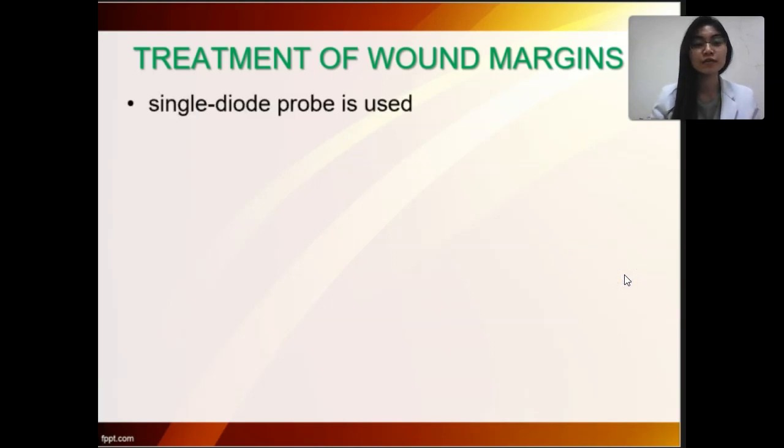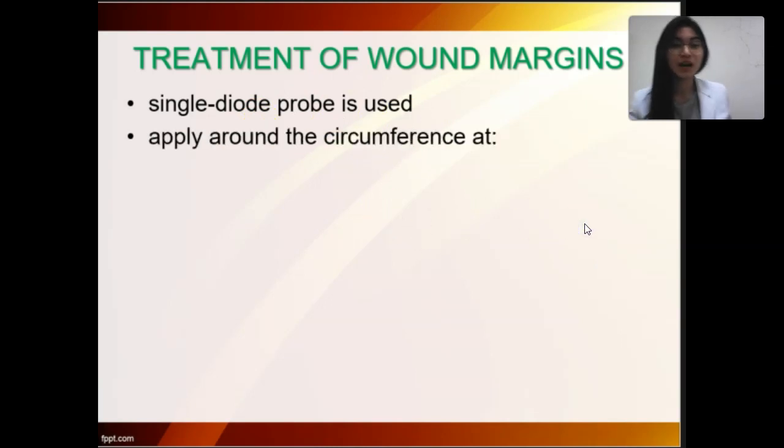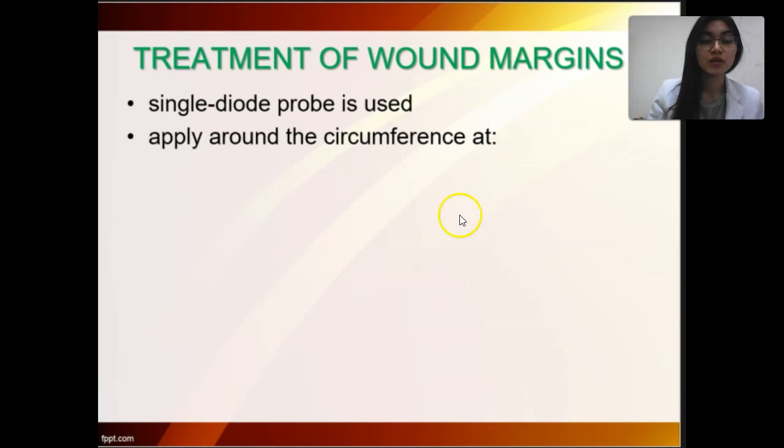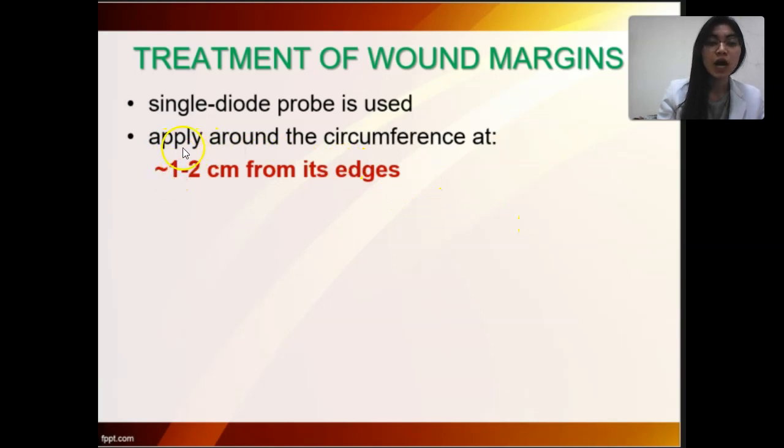Ito kasi yung madaling palitan at madaling i-disinfect. We apply it around the circumference at approximately 1 to 2 centimeters from its edges. Na ibig sabihin, if it's the wound margin, a little bit away from it pa. 1 to 2 centimeters.